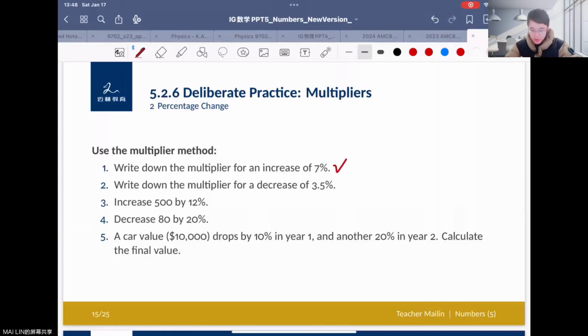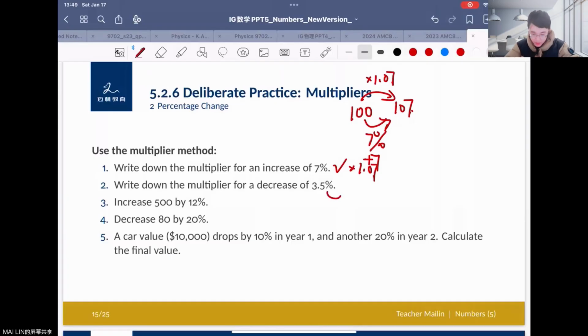So for the first problem, write down the multiplier for an increase of 7%. If you have 100 and you add 7, it becomes 107. So from 100 to 107, we just times 1.07, so the multiplier here is 1.07.